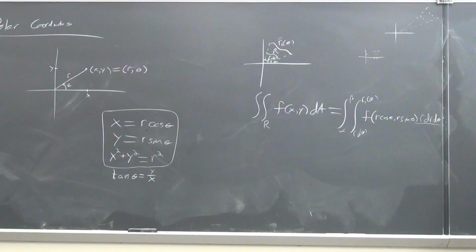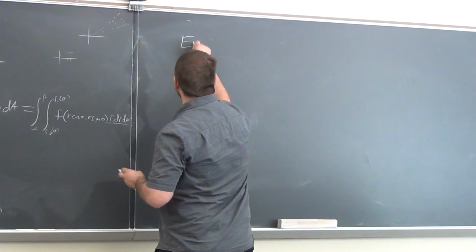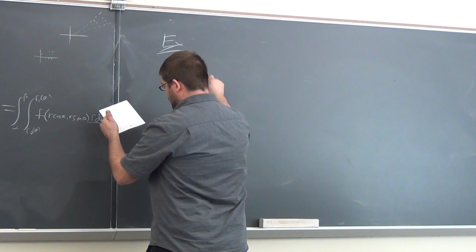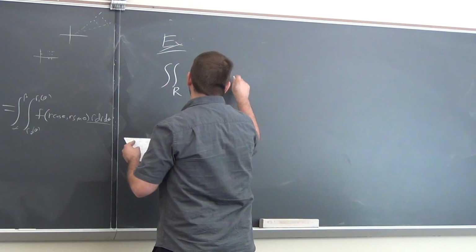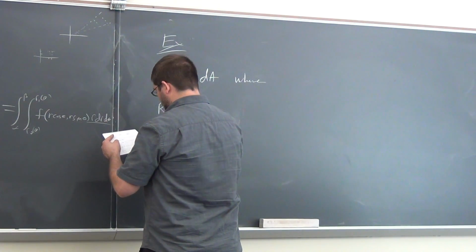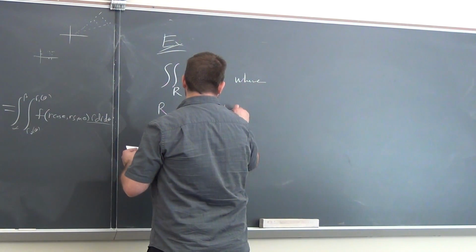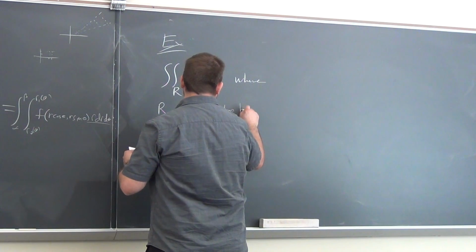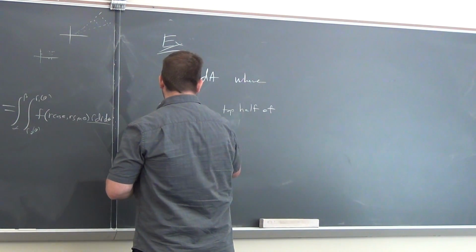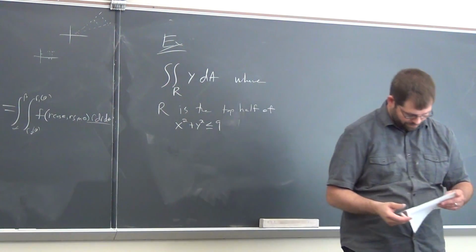And so a lot of double integrals we can evaluate by shifting to polar coordinates. Okay? And so let's just do an example. Let's compute the double integral of y dA, where R is the top half of x squared plus y squared less than or equal to, just do 9 here.